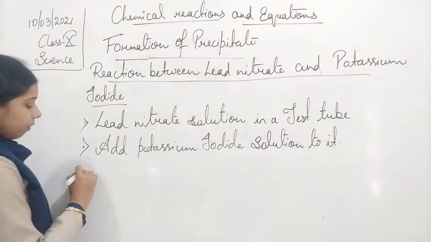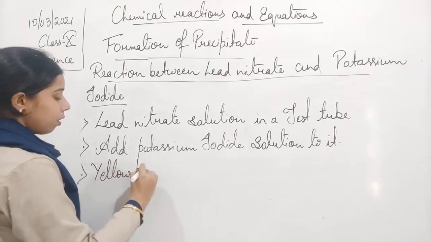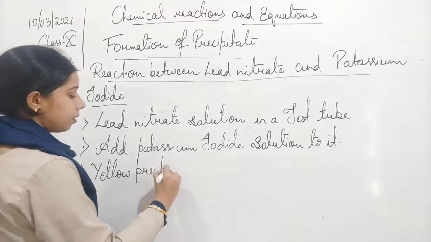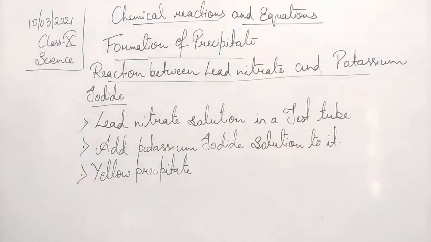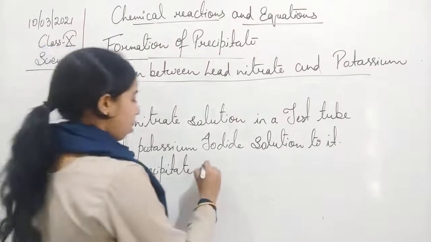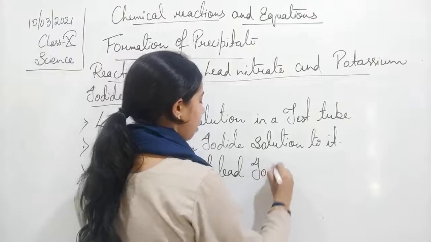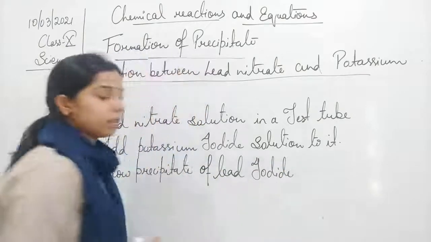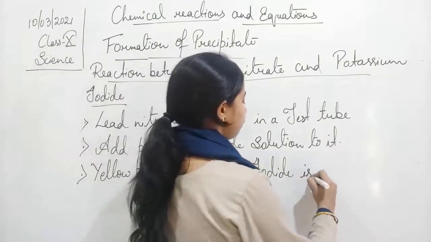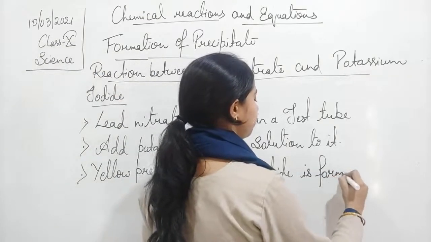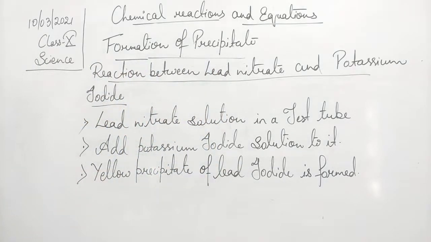What we will observe is the formation of a yellow precipitate. A yellow precipitate of lead iodide is formed.